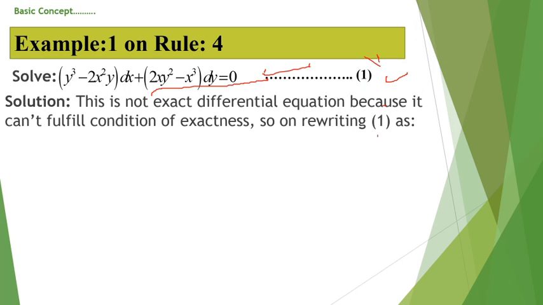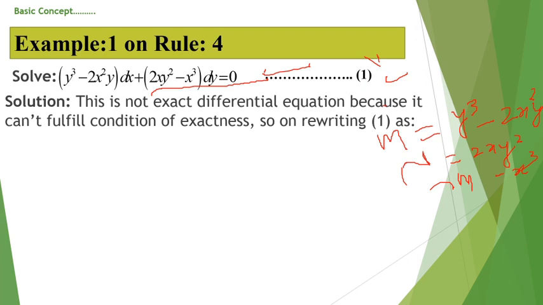From here we can say M is equals to y cube minus 2x square y, and N is equals to 2x y square minus x cube. If we find del M over del y and del N over del x, then they both are not equal. So we can say that this is not an exact differential equation.